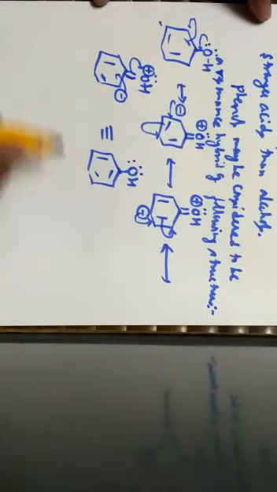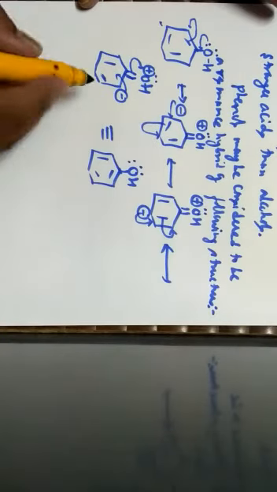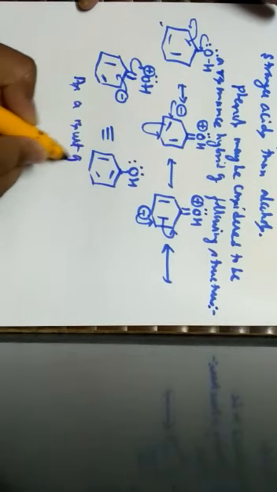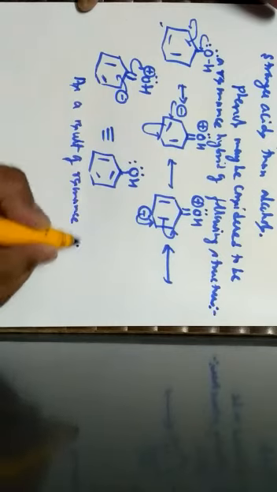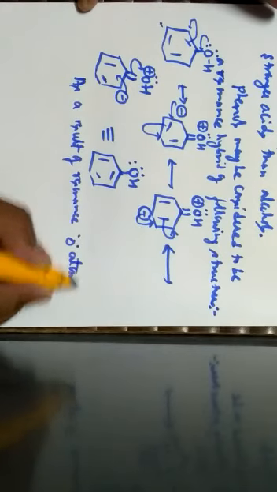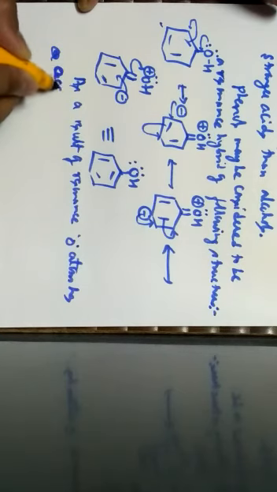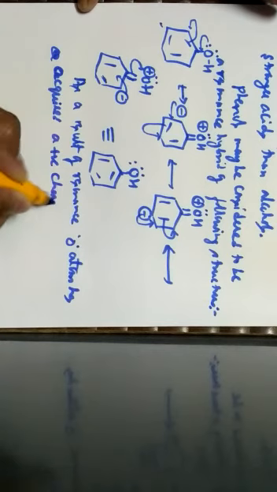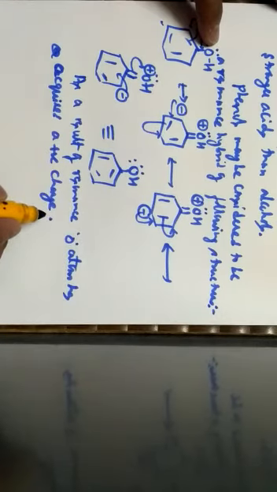So here further I can explain it as, since we have written the resonance structures, I can write: as a result of resonance, the oxygen atom has acquired a positive charge.